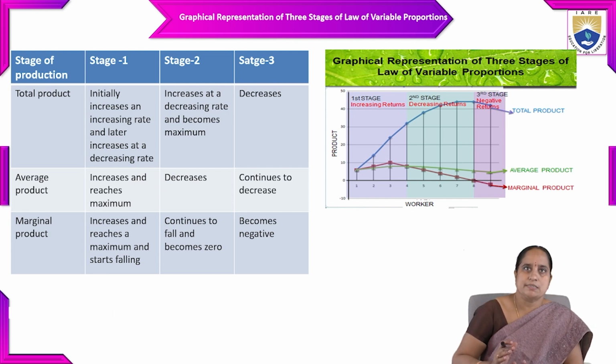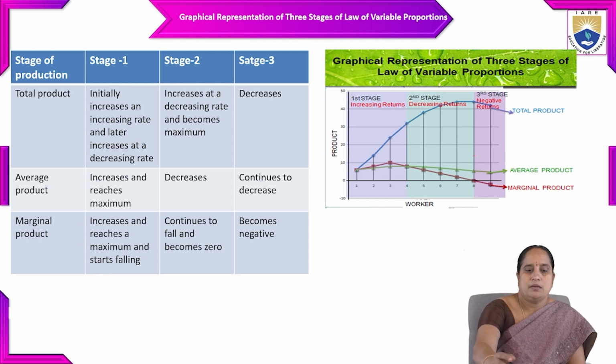Coming to the second stage, total product increases at a decreasing rate and becomes maximum, and average product, if you observe, is decreasing, and marginal product continues to fall and becomes 0. Whereas in stage 3, total product decreases, average product continues to decrease, and marginal product, if you observe, becomes negative.